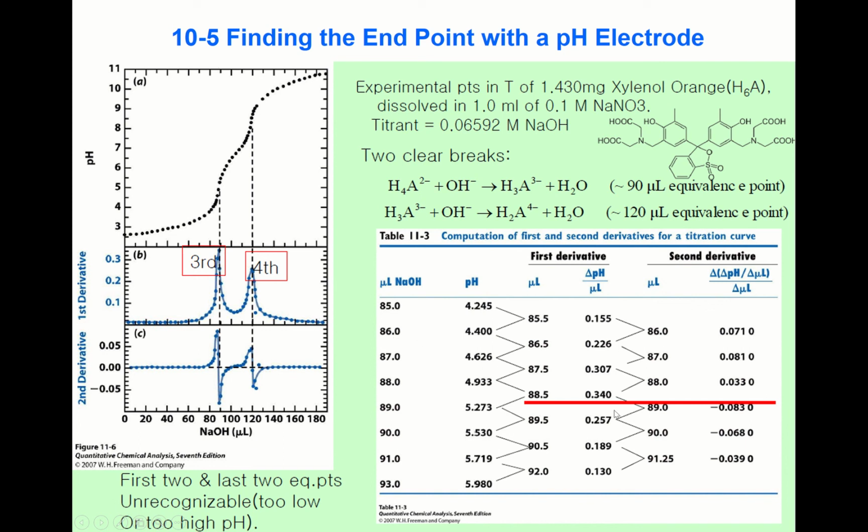Then you have these values for the second derivative. But here there is no 0 point, because they are all discrete. You have some positive points, and then it decreases, crosses 0, and becomes a negative value. So you make a graph out of this table.